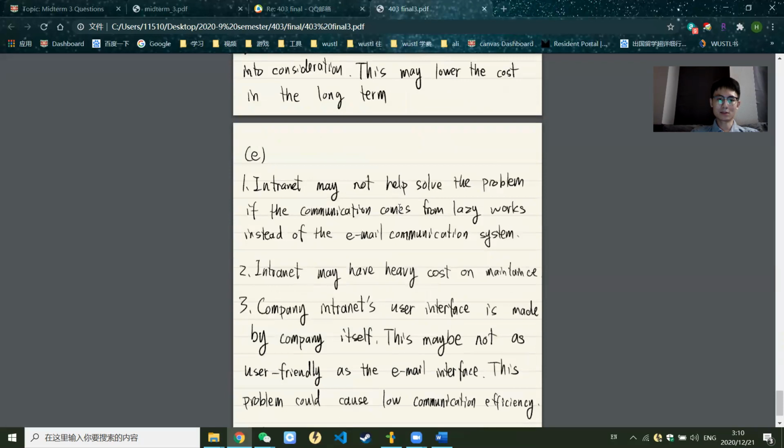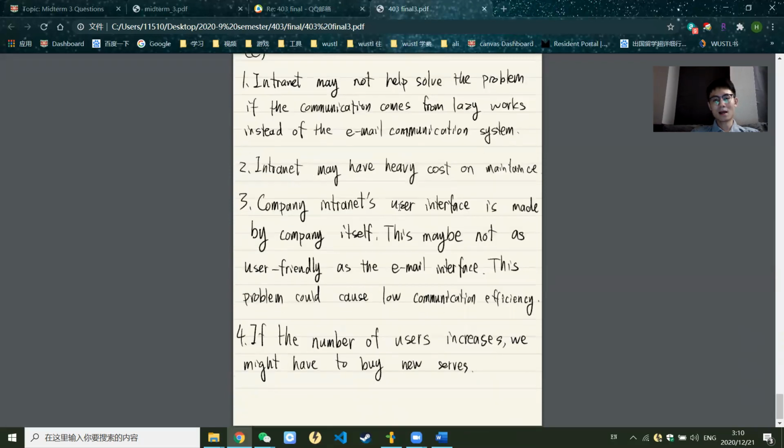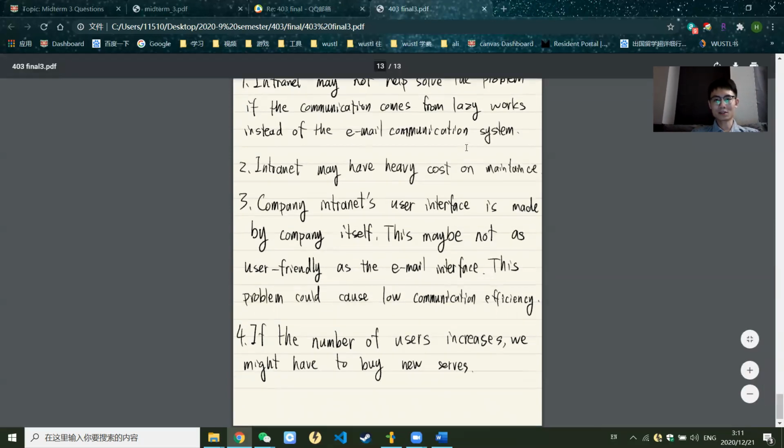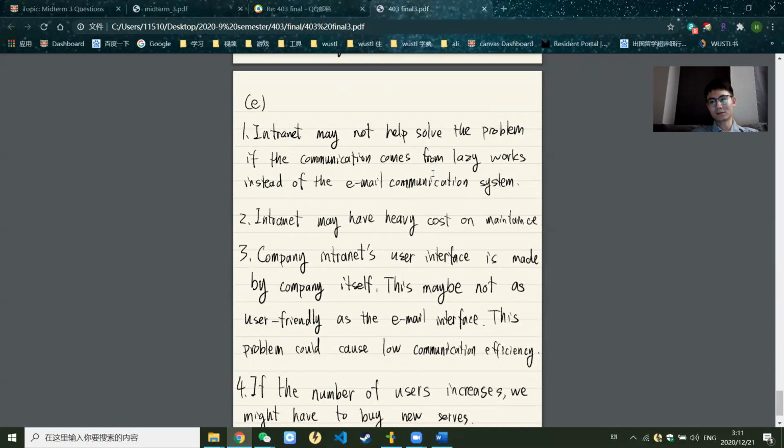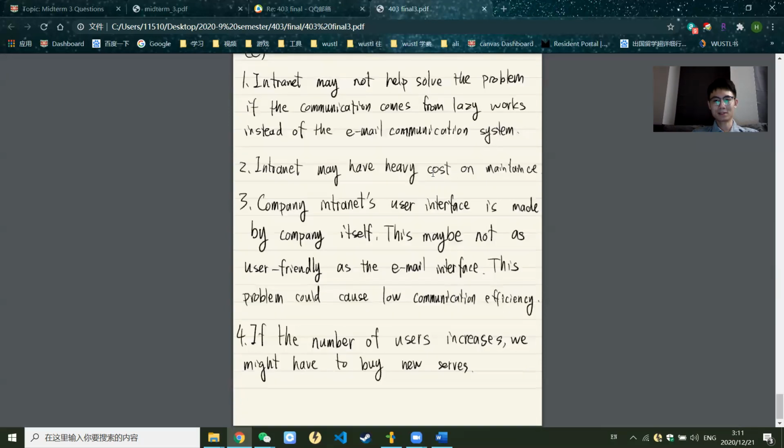So does the internet have any problems? Maybe. The first problem may be that if the workers are lazy themselves, rather than it being a problem with the communication system, then changing email to internet may not help. The second one is that the internet may have a heavy maintenance cost, so maybe it's a very high cost.